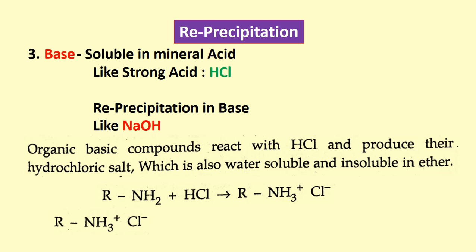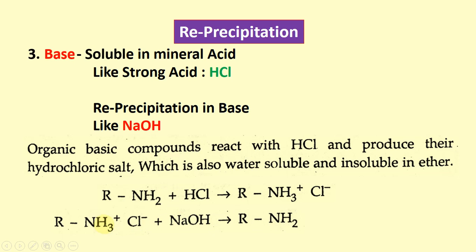And how to reprecipitate? This soluble compound, the ammonium salt, is treated with NaOH, since a base reprecipitates in base. Then the amine becomes NH2 again, the same product.